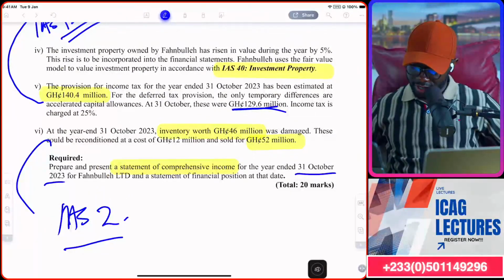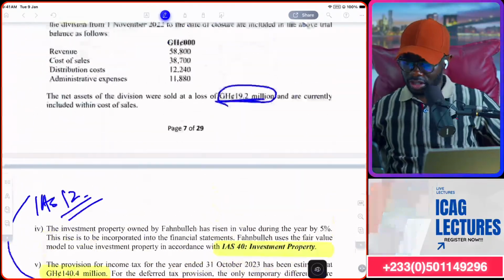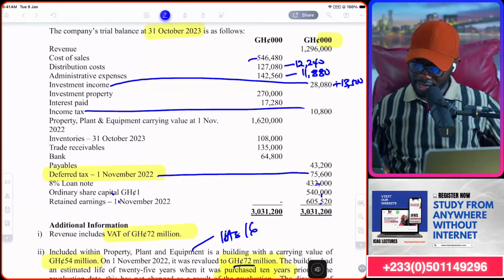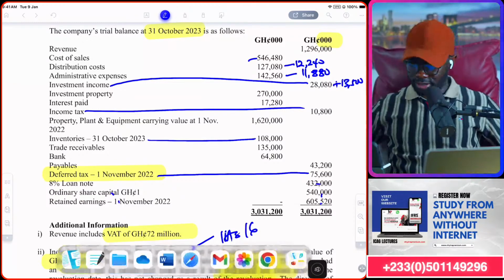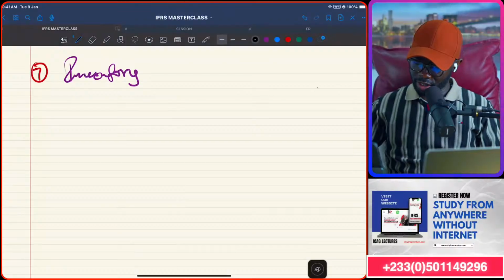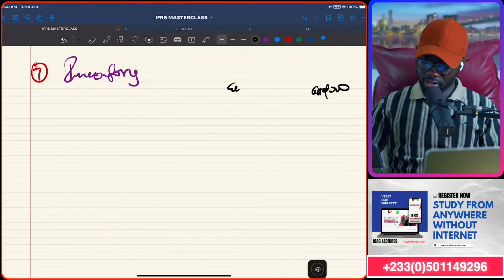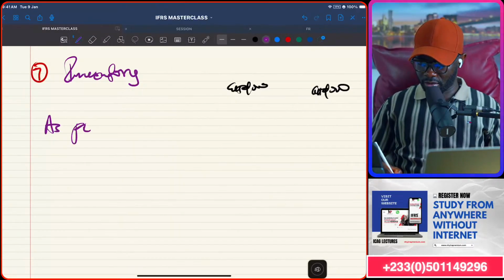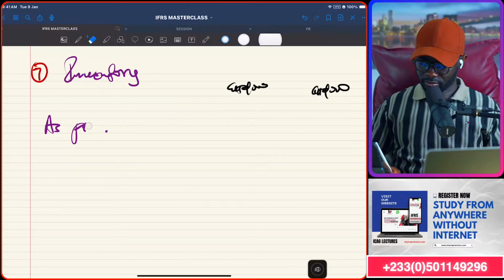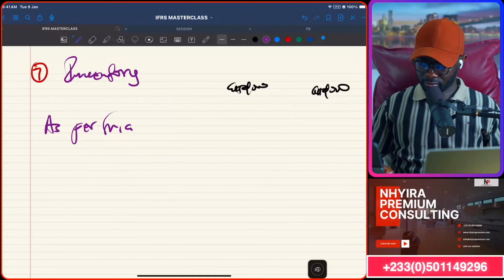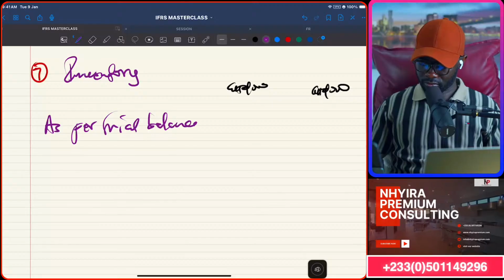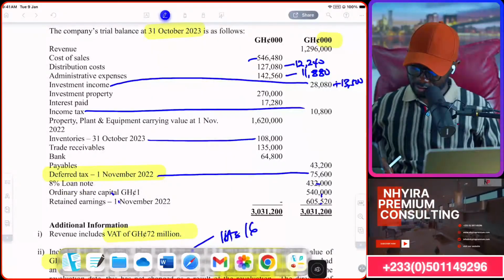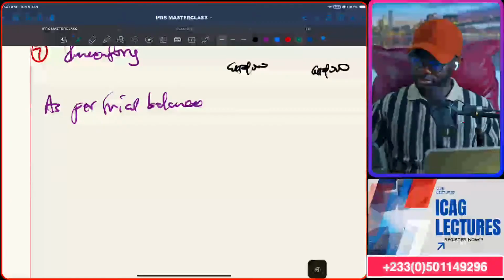So if we check the trial balance, let's go to the trial balance. Remember they said inventory here is 108,000. So permit me, because I want to do the workings well. So as per trial balance, 108,000.